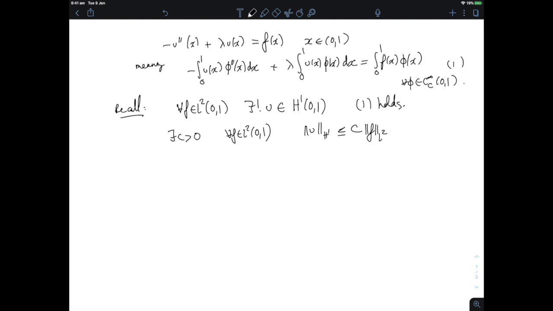Now, our goal will be to get an extension of that to LP. So let me first introduce a little definition here.